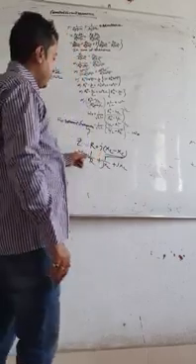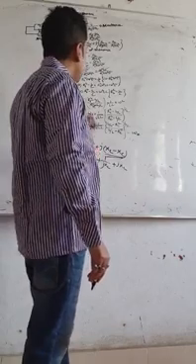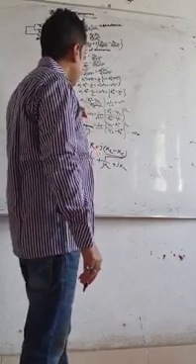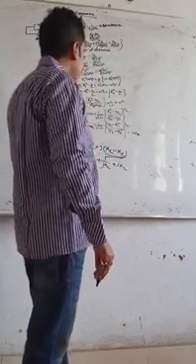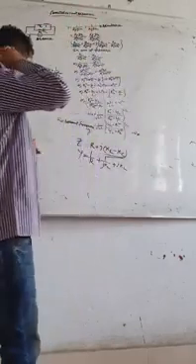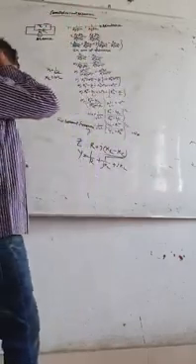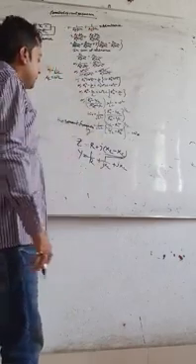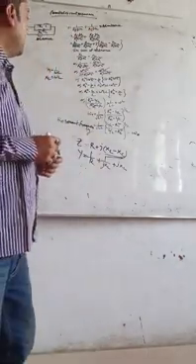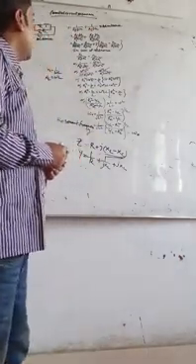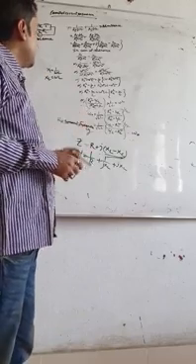So this is the way you should think about it. Separate the imaginary term from the real term, and the imaginary term will be 0. That means you will get your resonance frequency. From the imaginary term calculation, you will get your resonance frequency in this way.